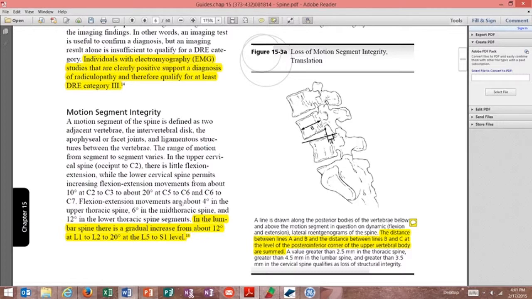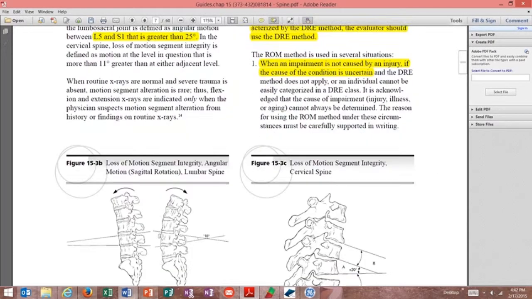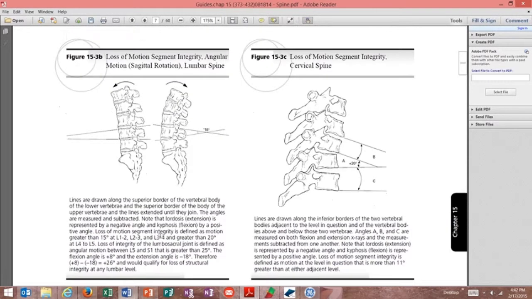So they give us here what they consider to be the normal ranges. In the lumbar spine, we see about 12 degrees of total angular motion at L1 to L2, increasing to 20 degrees total angular motion by the time we get down to the L5 to S1 level. And then on page 379, the guides show us how to do these measurements.